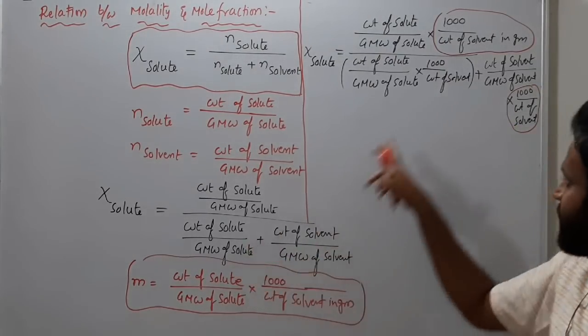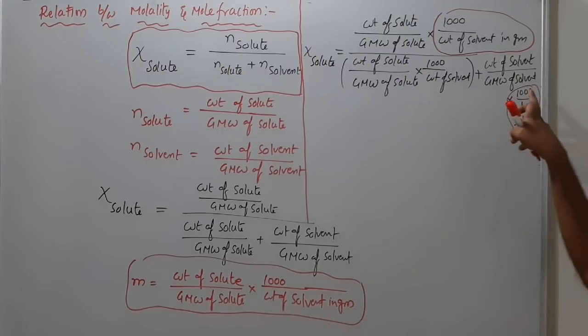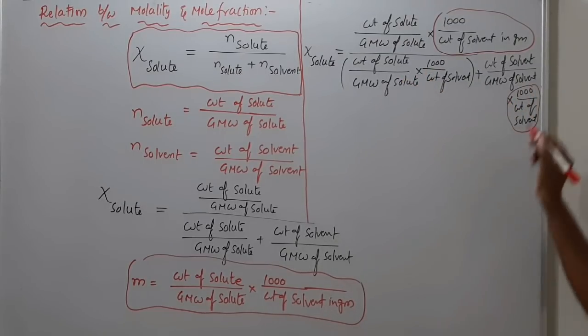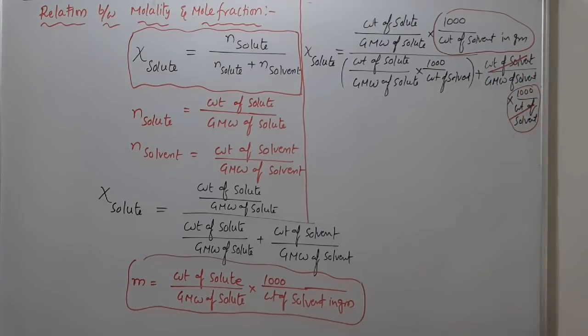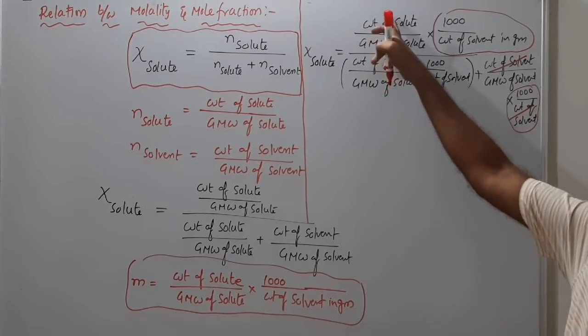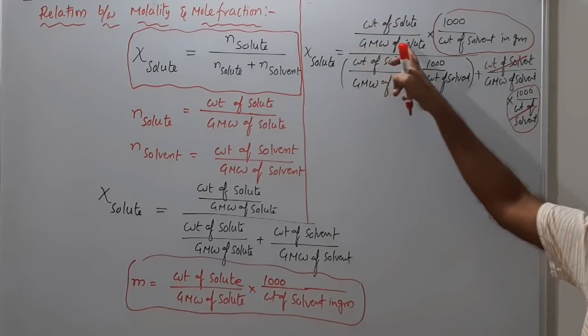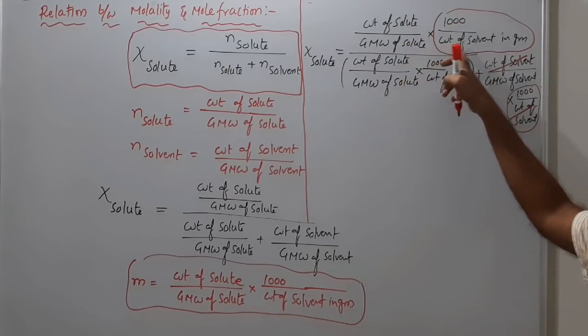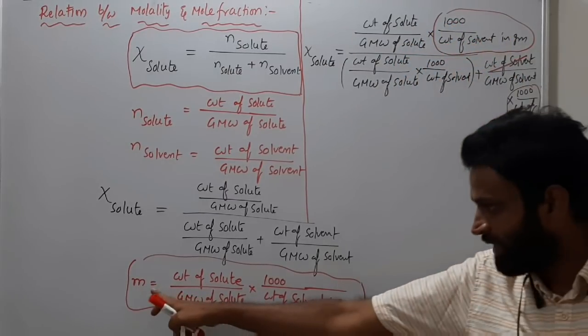So actually plus here, 1000 by weight of solvent and here also 1000 by weight of solvent. But here weight of solvent and weight of solvent will cancel, right? Correct? So this entire term, weight of solute by gram molecular weight of solute into 1000 by weight of solvent in grams, that is called molality.